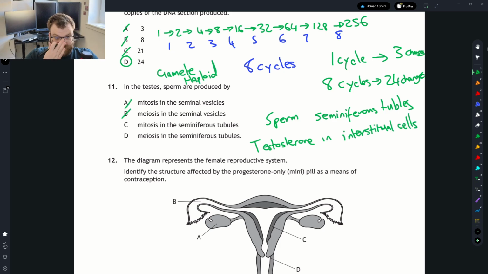Sperm is one of the gametes, which is haploid, has half the information for the new individual. And they are produced by meiosis, makes the gametes for that. Mitosis produces identical daughter cells. And here we're going from the germline cells to the gametes. So that's not making identical copies. That is in fact meiosis that would have for answer D in number 11.